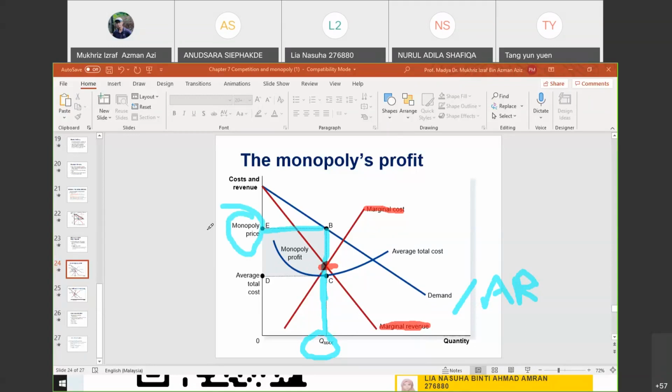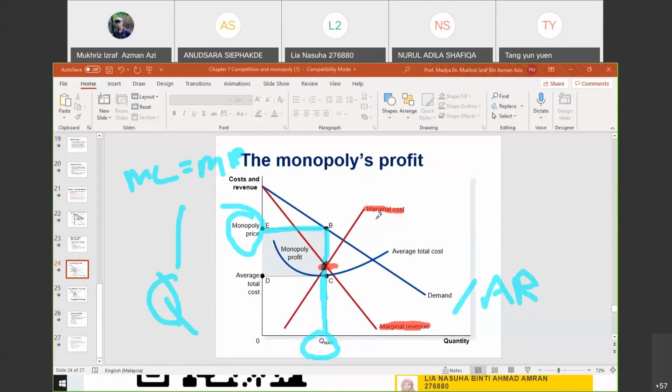So the process is not the same as perfect competition. In perfect competition, the price is given to the firm. But for monopoly, the price is set later, meaning you only set the price after you determine how much you want to produce. Using the condition MC equals to MR, the firm determines the quantity.